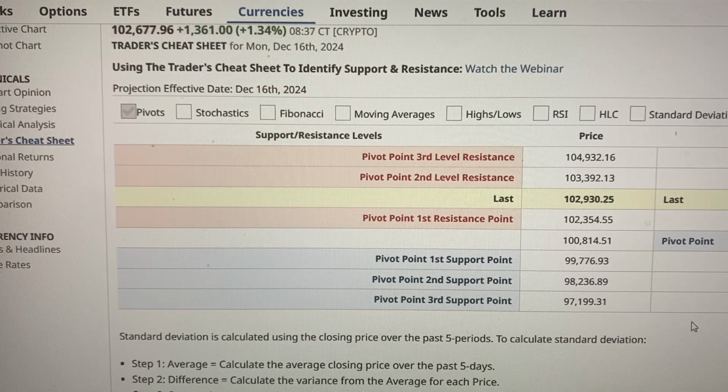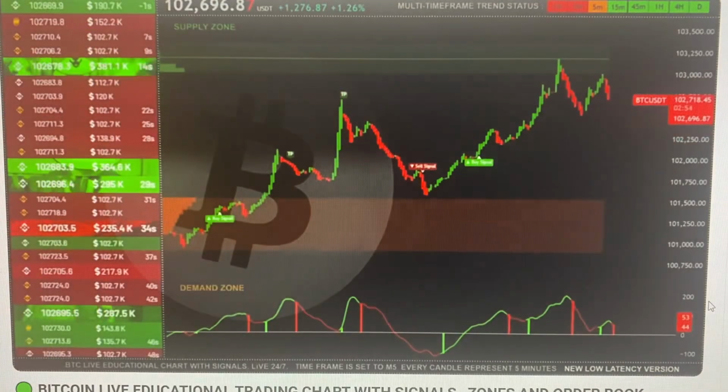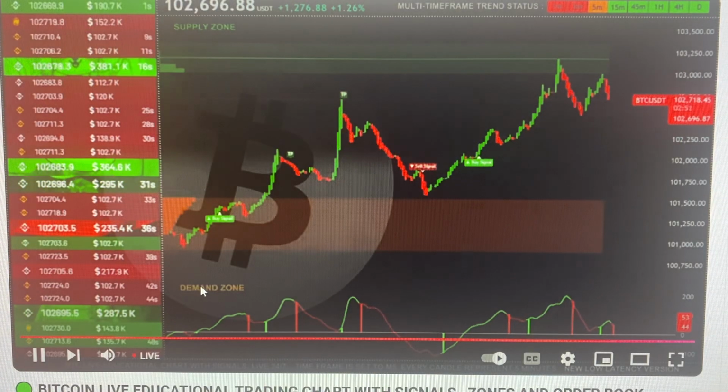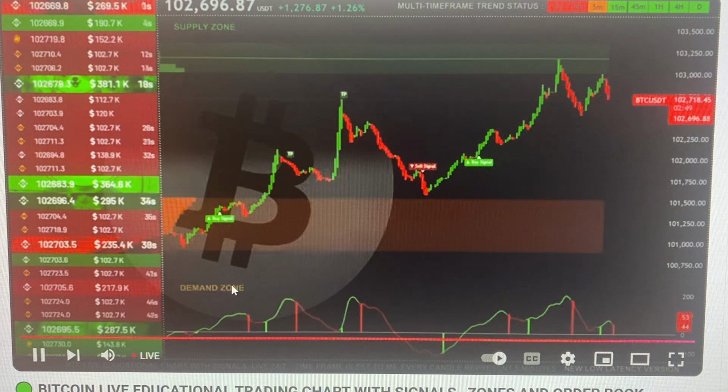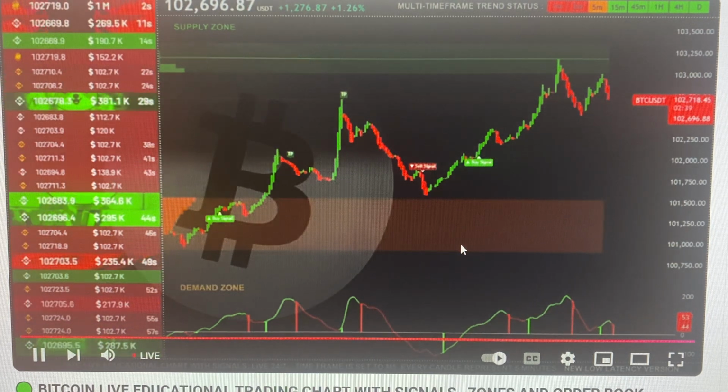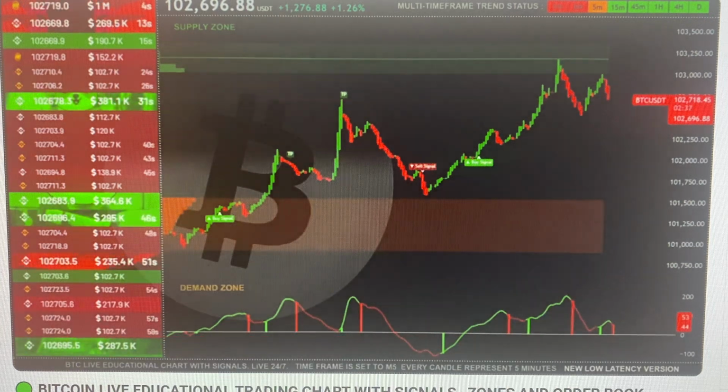So let's look at how these numbers are reflected on a chart visually so you can see this. Look, again, the demand zone is the same thing as support, and here's supply. Whenever the market enters the demand zone, and I'm going to put links for this chart online, it's on YouTube, it's great.